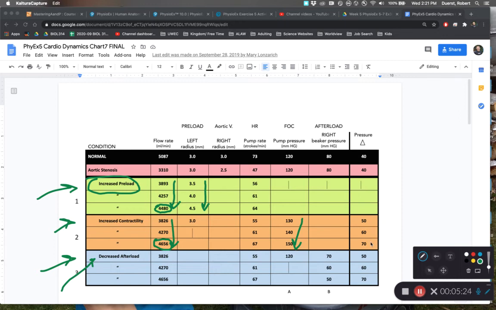As we had a decrease in our afterload, so our systemic blood pressure went down, the output increased to 4,600 milliliters per minute. So of the three compensatory mechanisms, increasing contractility and decreasing afterload were equal in being the most effective means for compensating for an aortic stenosis, or a partial blockage of the aortic valve.